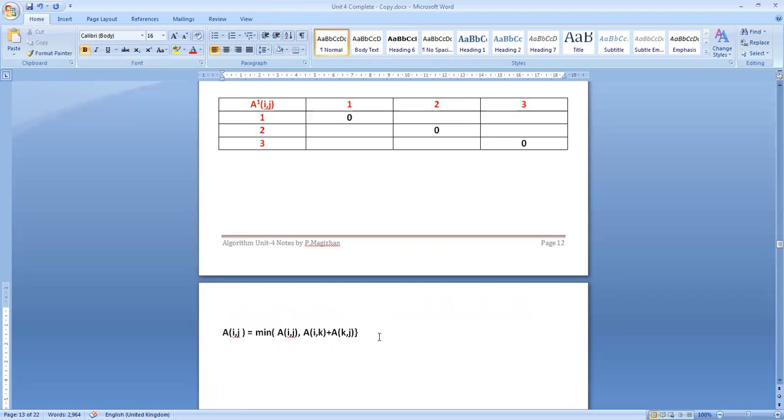Now this is the formula. So what is my k value? k is equal to 1. Let us start with I is equal to 1. So when k is equal to 1, I is equal to 1, then j is equal to 1.